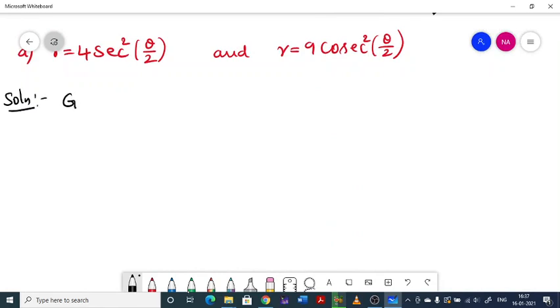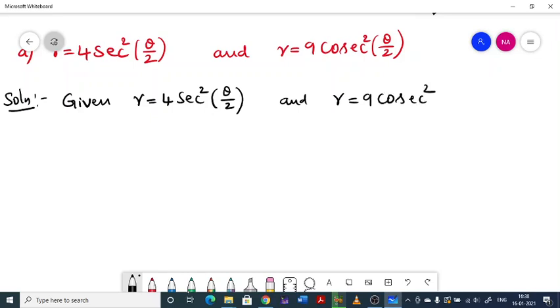So as usual, given R equal to 4 into secant square of theta by 2 and R equal to 9 into cosecant square of theta by 2.